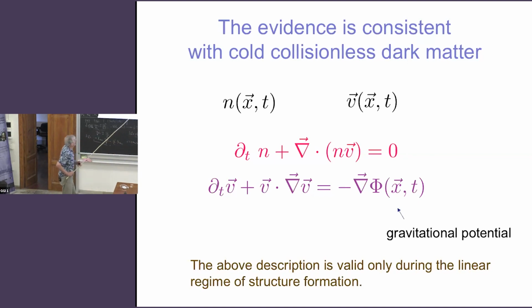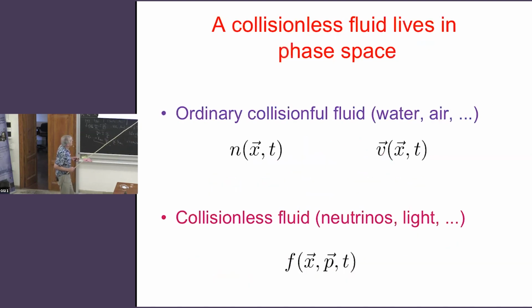Now, this seems very simple, but I think it's in many ways confusing, and sometimes the truth may be confusing. I say it's a collisionless fluid, but a collisionless fluid should not be analyzed in physical space, you should analyze it in phase space.